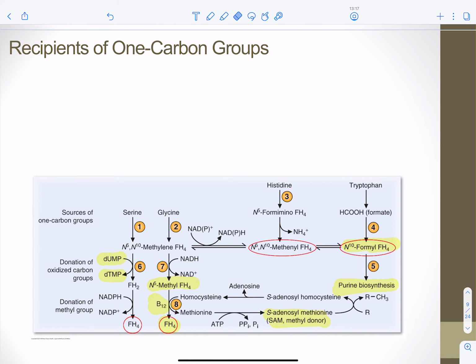And this is a reaction in which the dUMP gets methylated to form the dTMP. And the two hydrogen atoms from tetrahydrofolate are used to reduce the donated carbon to the methyl level. And so this is going to use that N5,N10 methylene tetrahydrofolate, and you are going to regenerate tetrahydrofolate, which requires NADPH.